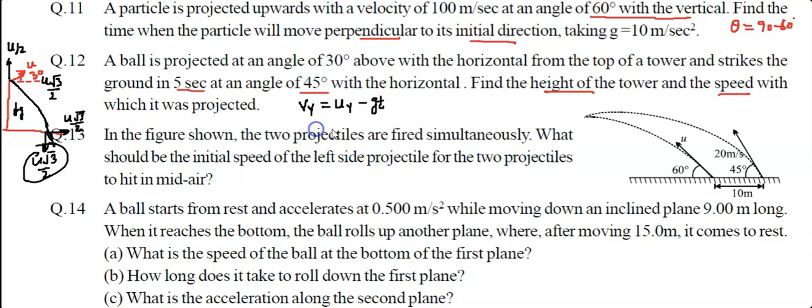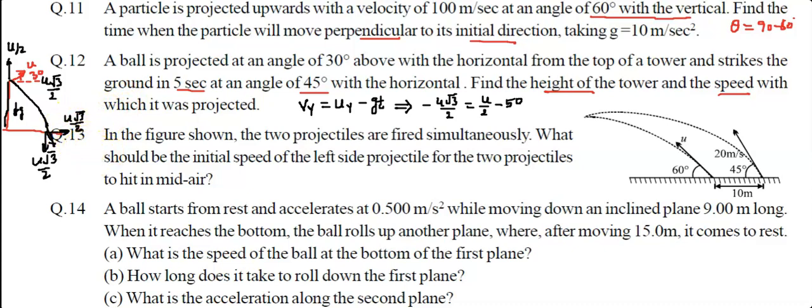So it will be minus u root 3 by 2 is equal to, initially it is u by 2, minus g, which is 10, and the t, which is 5, so you can write it as 50. You can solve from here and the second part will be done. Once you are able to do the second part, then you can find the height by using the second equation, h is equal to ut plus half at square, writing the proper directions.